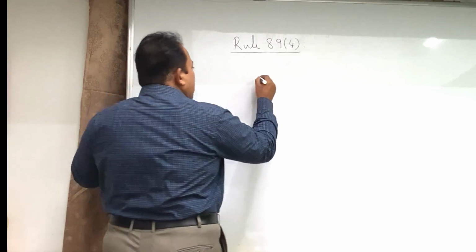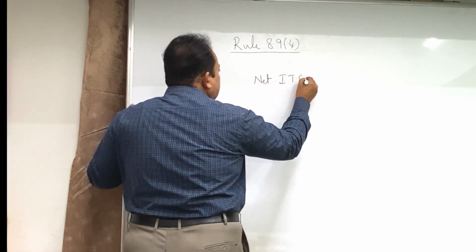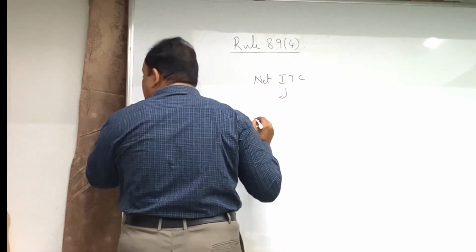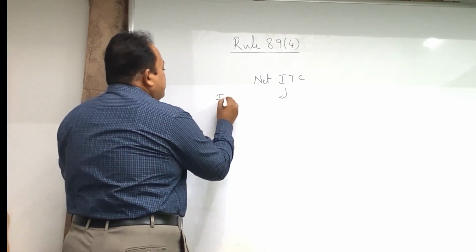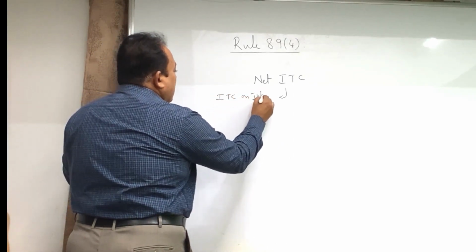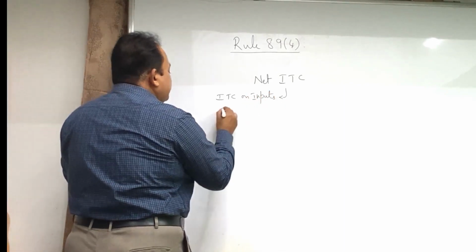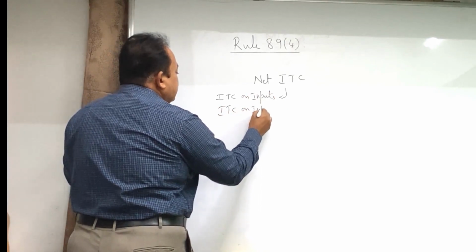First you have to take into account net input tax credit. Net input tax credit is nothing but the input tax credit on inputs as well as input tax credit on input services.